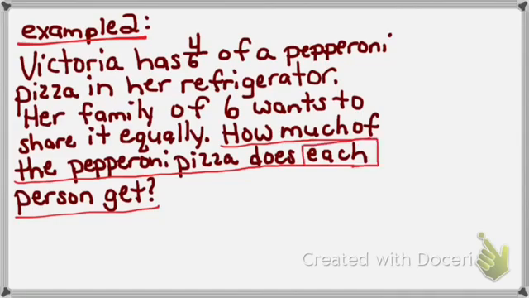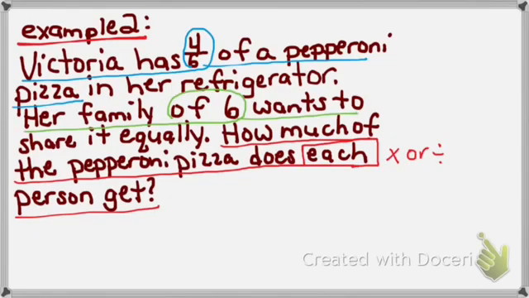Okay, well, we know that "each" means either multiplication or division. Let's figure out which one it means in this problem. Victoria has 4/6 of the pizza in her refrigerator. Her family of 6 wants to share it equally. So they're going to take it and share it equally.